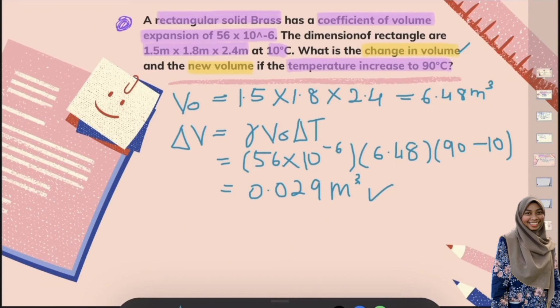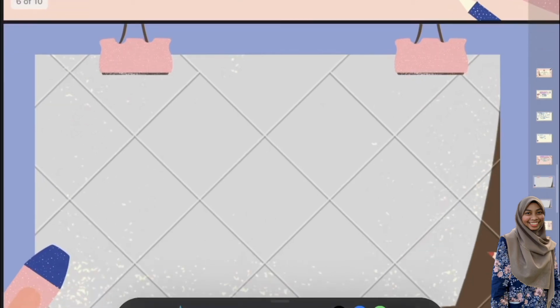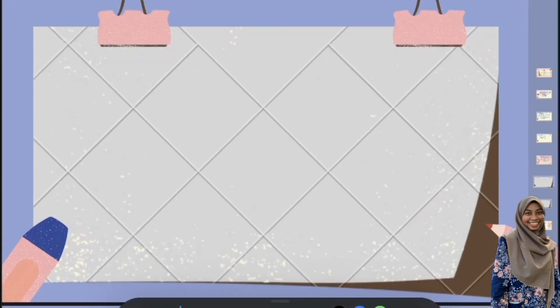Okay, next step, to find the new volume, we can just use the formula. V new is equals to V naught plus change of volume.